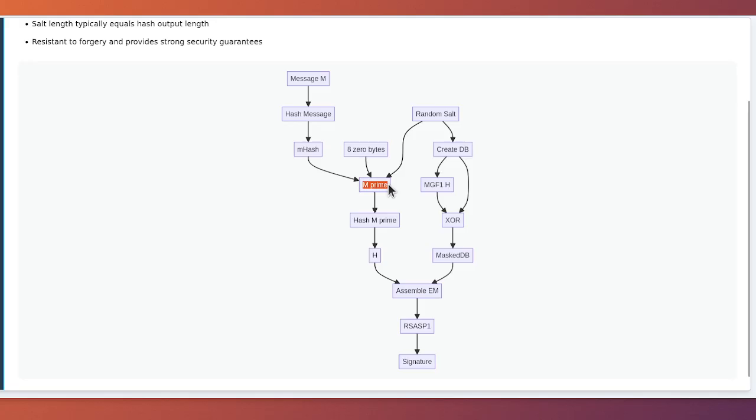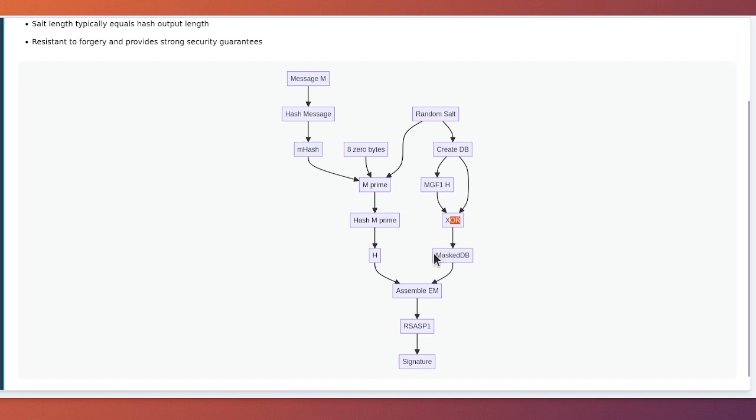Next, you create a data block, DB. This block consists of a padding string, PS, of 0 bytes, followed by a 0x01 byte, and then the salt. The length of PS is calculated to ensure the total encoded message is the correct size. The masking step applies MGF1 to H to generate dbMask, which is XOR'd with DB to produce maskedDB.